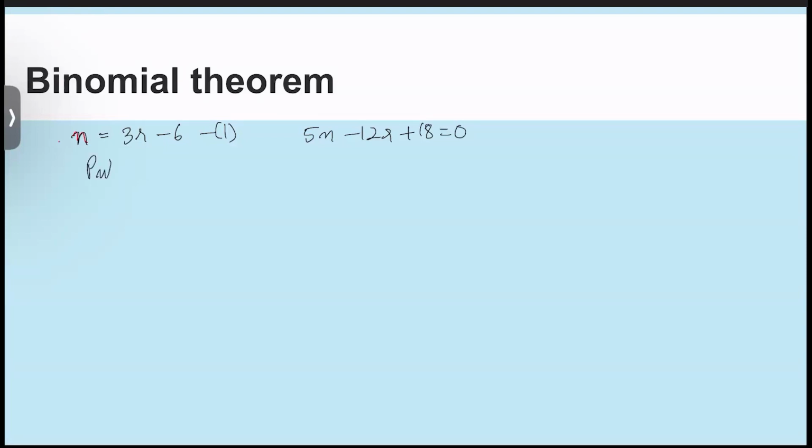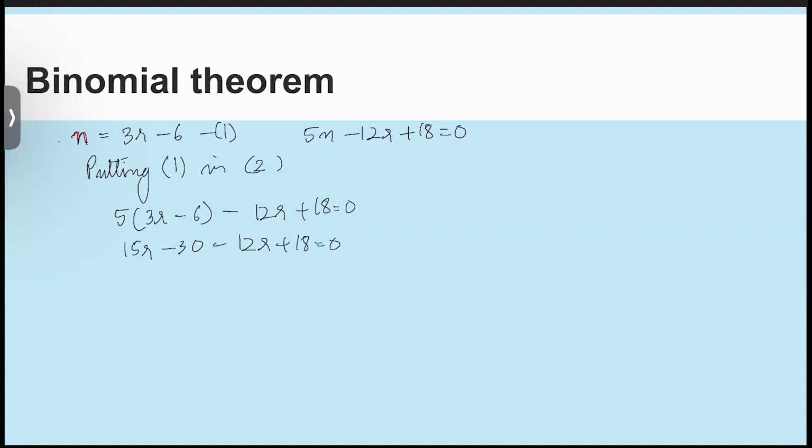So putting 1 in 2, what we get now is 5 into 3r minus 6, minus 12r plus 18 is equal to 0. So you get 15r minus 30 minus 12r plus 18 is equal to 0. So you have 3r minus 12 is equal to 0. So therefore your r is equal to 4.